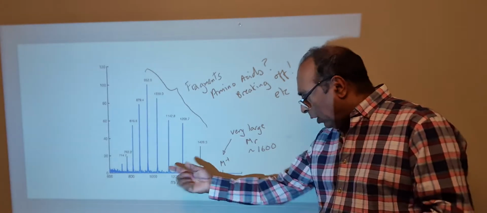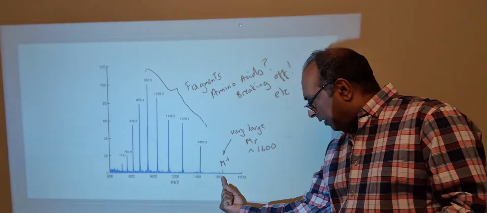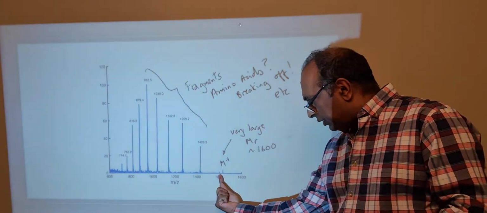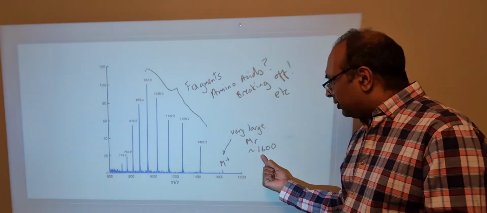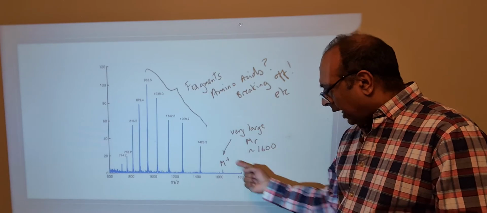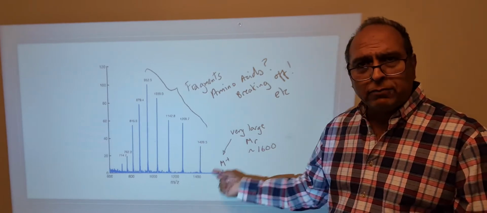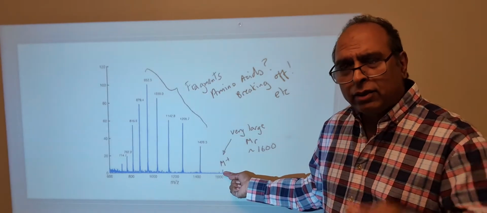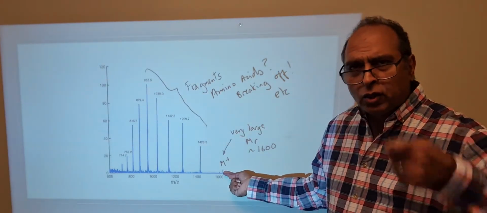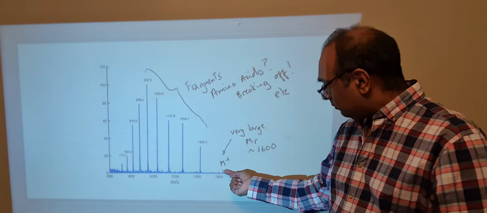So if you've got a protein, that is a very large number. It's larger than 1600, where my finger is. It's larger than that. About 1600 I've written, very large. And that's the whole protein molecule with 1+ charge. The molecular ion, the whole protein structure, 1 positively charged.